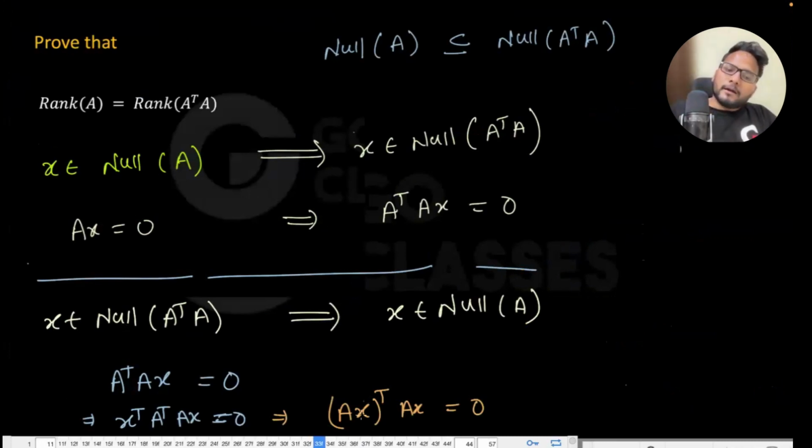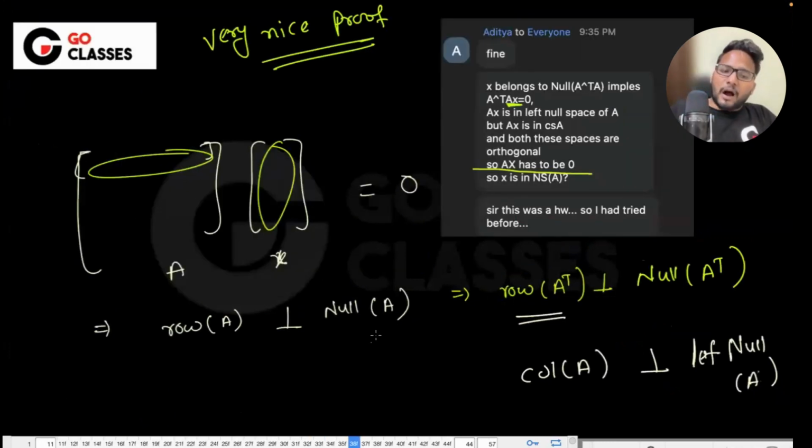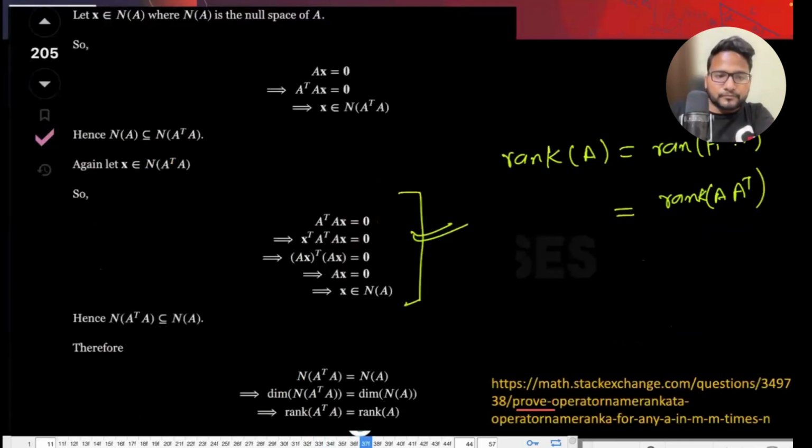Okay. Now let's see how it is helping us to find out the rank using the SVD. We know that singular values are nothing but the square root of the eigenvalues of A transpose A, right?